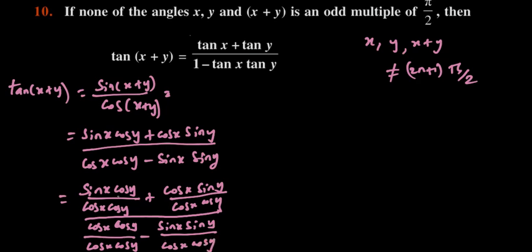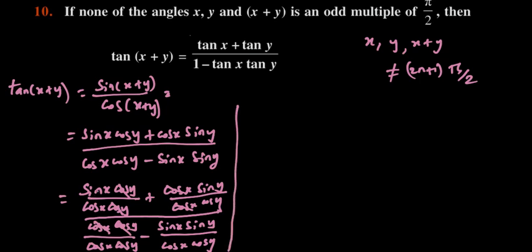Let me try to cancel the terms if possible. Cos y will get cancelled, cos x will get cancelled, and here both cos x cos y will get cancelled. Here nothing will cancel. Let me see the remaining terms.